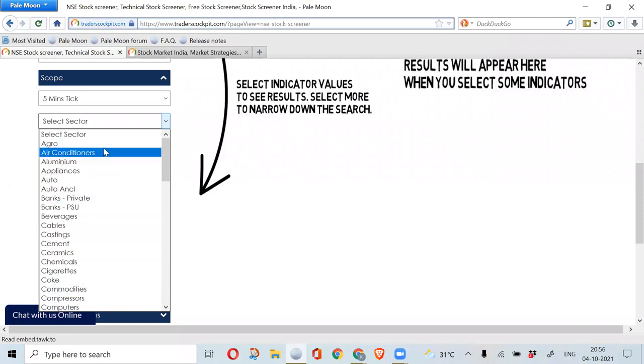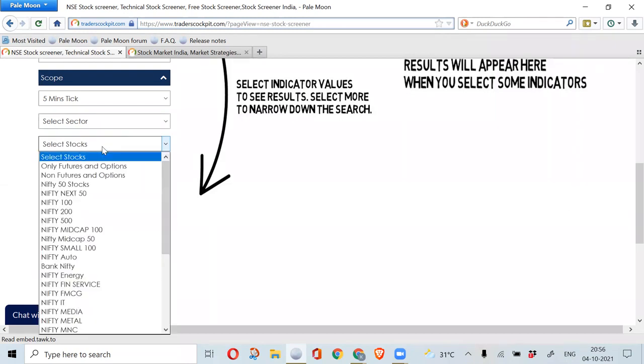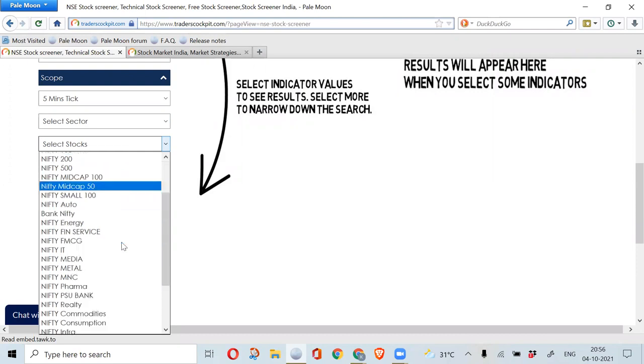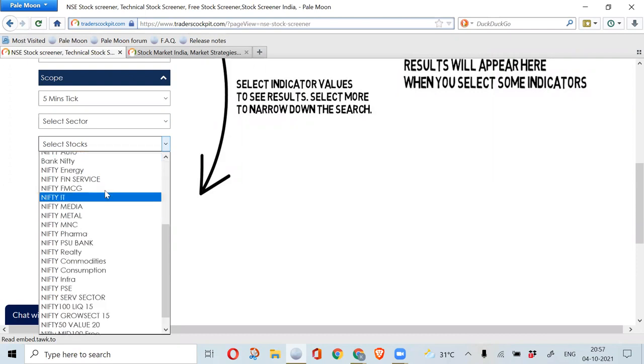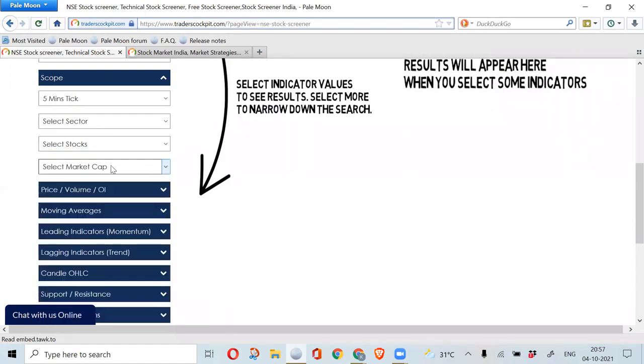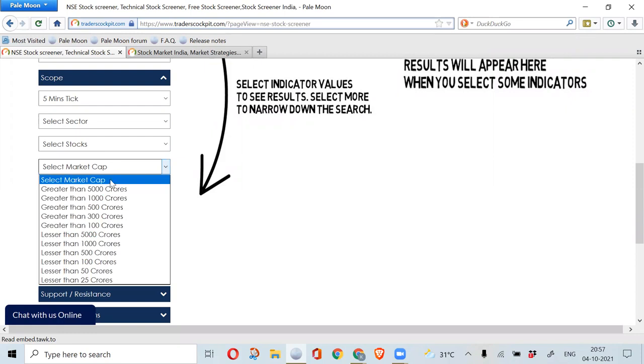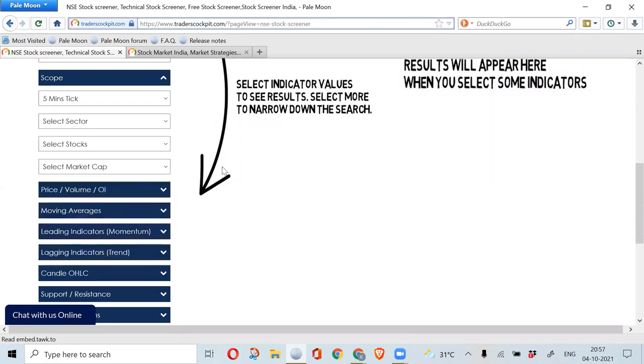You can screen based on the sectors or based on the indices, like only futures and options or Nifty 50, Nifty 100, mid cap, small cap, pharma. So we have all the sectors implemented here. And then if you want to screen based on the market capital, like large cap, small cap, mid cap, you can screen them that way also.